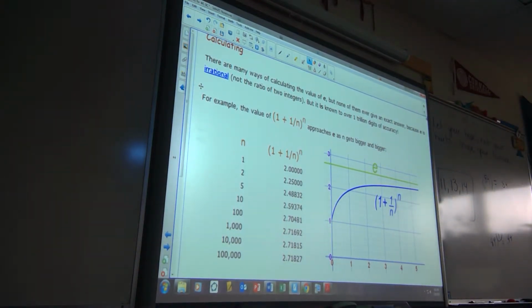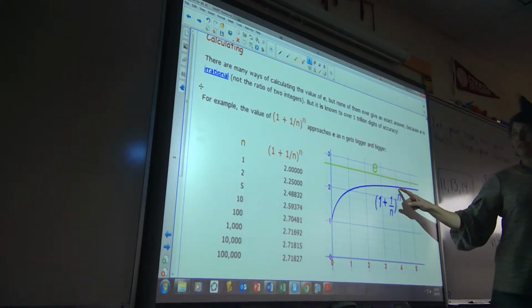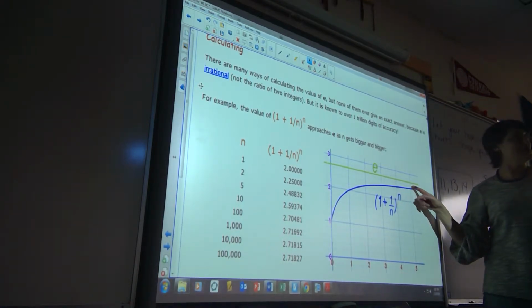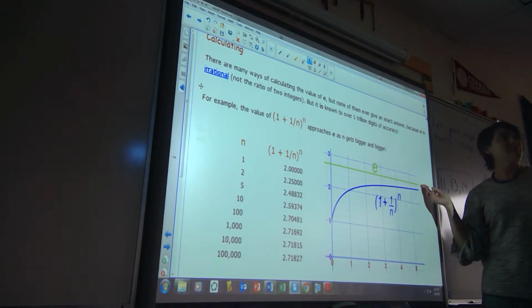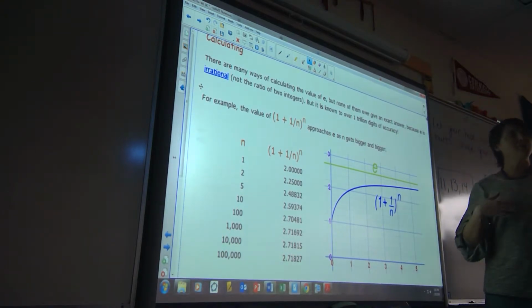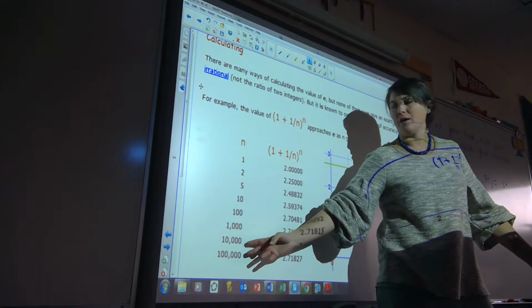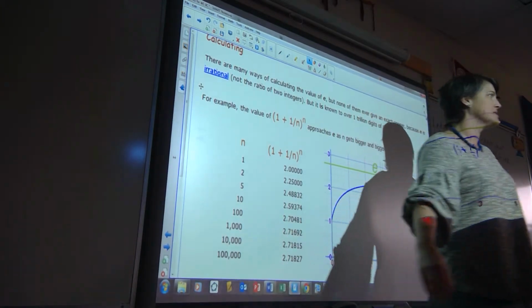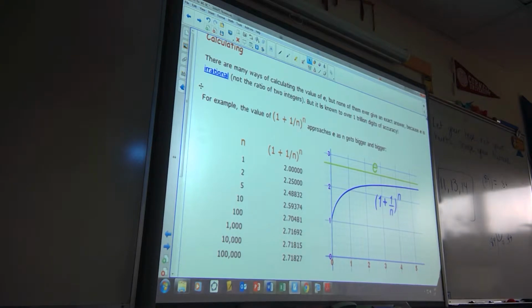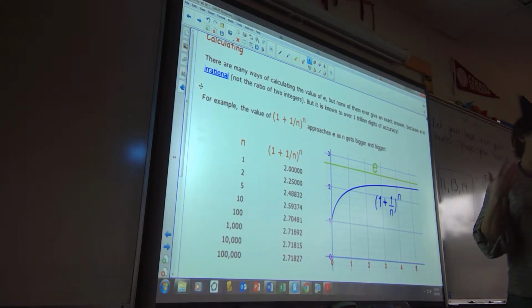Never equals it. And this illustrates that the E is the asymptote. And this is asymptotic behavior. And so that's where Bernoulli realized, wait a second, it doesn't seem to matter whether I compound it 10,000 times or 100,000 times. It's getting bigger, but it's sort of leveling off at a particular value. And so that's where this asymptotic behavior starts to come in.